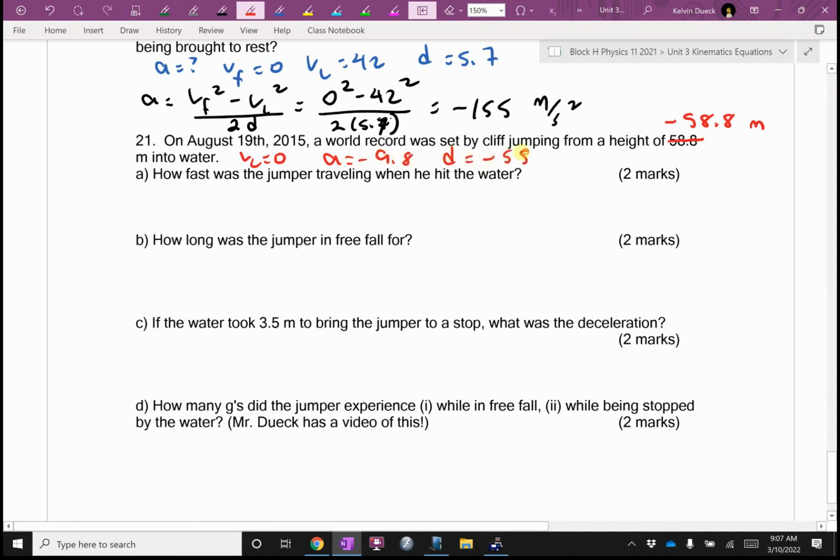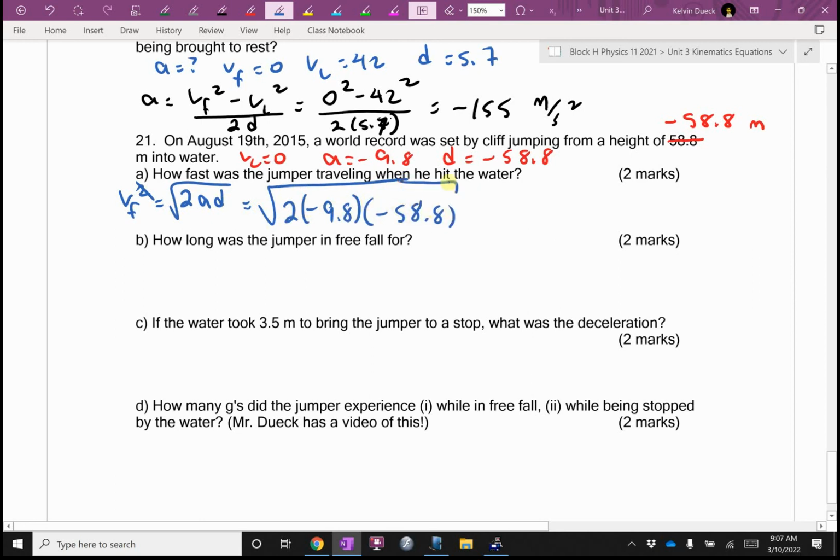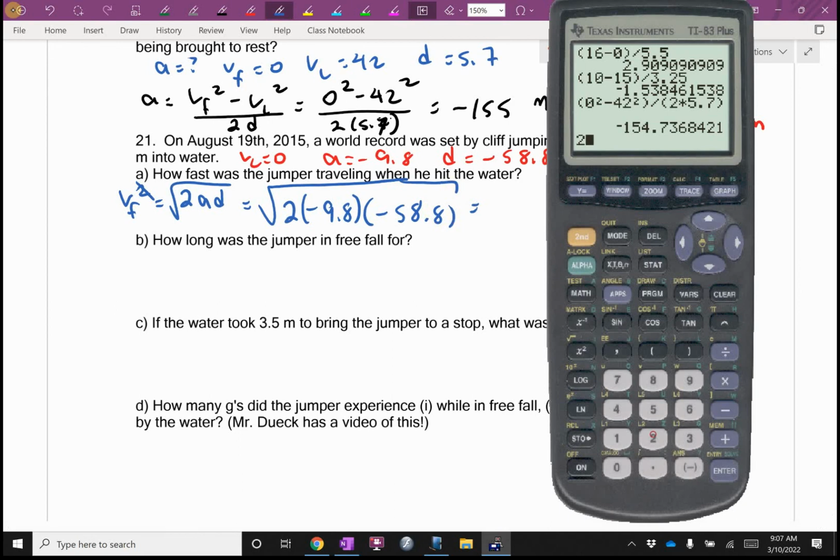A is negative 9.8. D is negative 58.8. So here, I think I'm going to use VF squared equals VI squared, which is 0, plus 2AD. And then I'll square root. It's going to be the square root of 2 times negative 9.8 times negative 58.8.